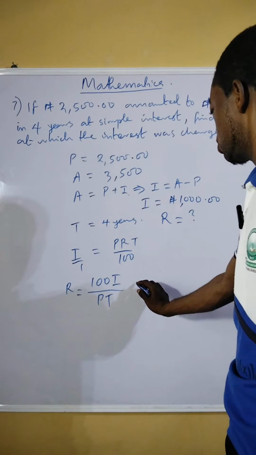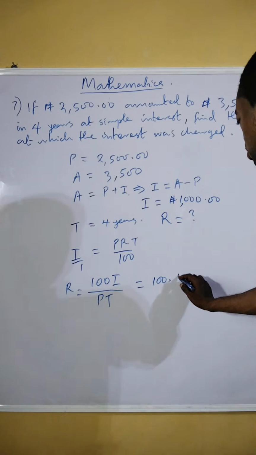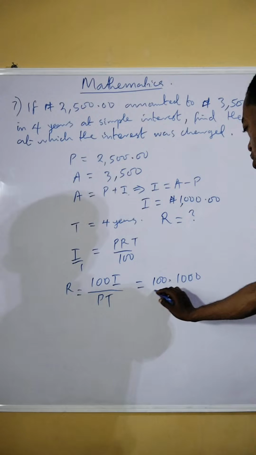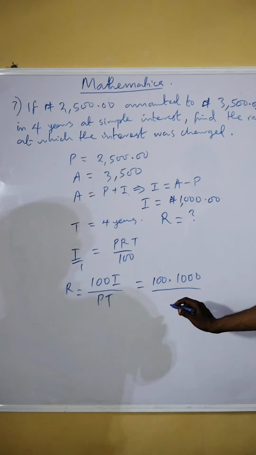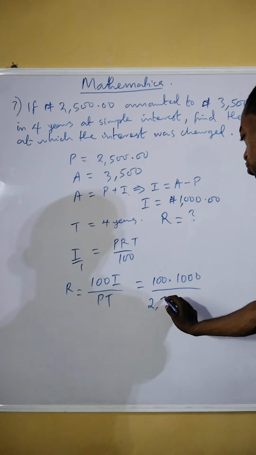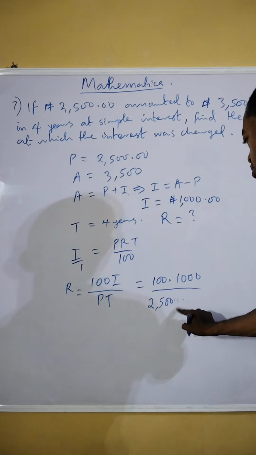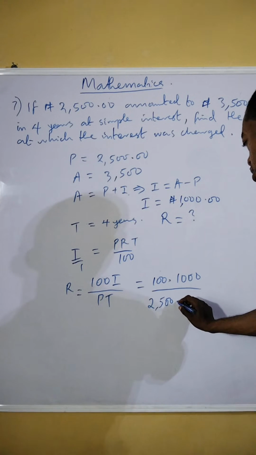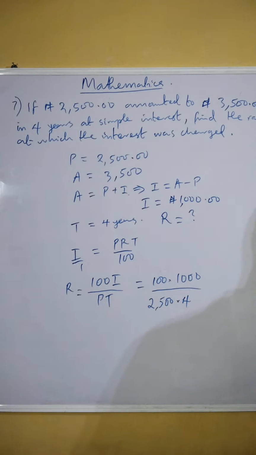So when we substitute, that's 100 times I, which is 1,000, then over P, principal, and time. Principal is 250, then time is 4. So just multiply and divide.